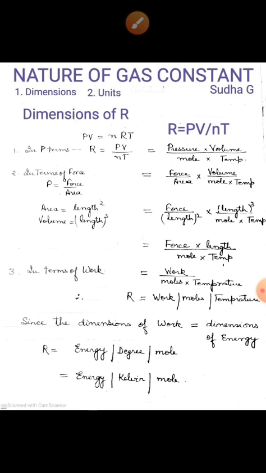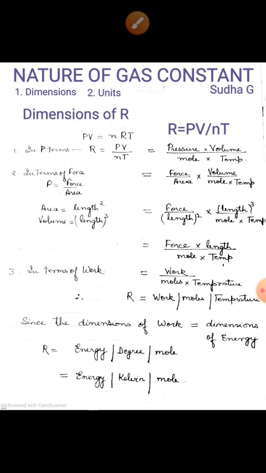Here P is the pressure, V is the volume, n is the number of moles, and T is the temperature. So the first is, as shown in this equation, pressure into volume upon moles into temperature. Now in terms of force, we know that pressure is equal to force upon area.